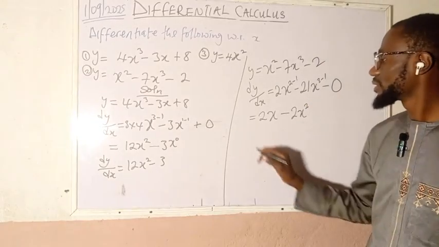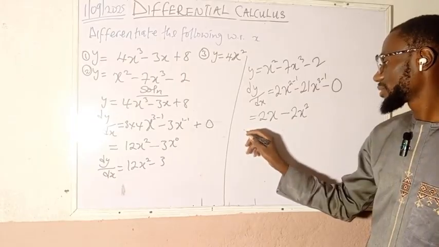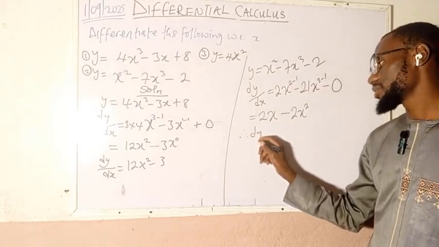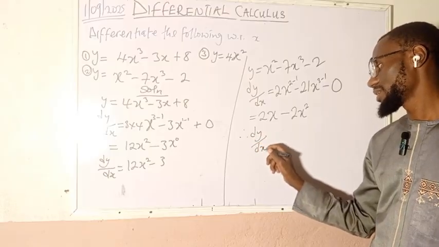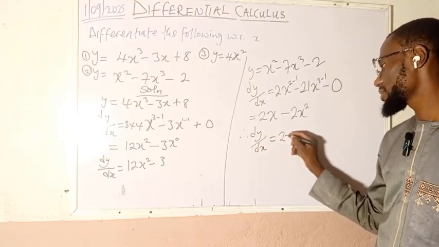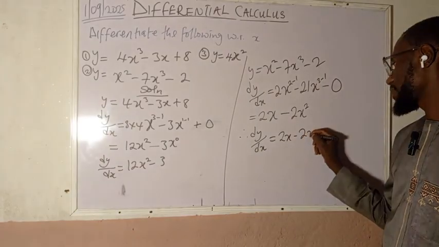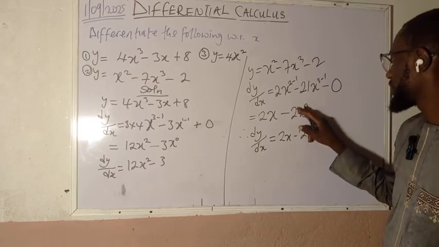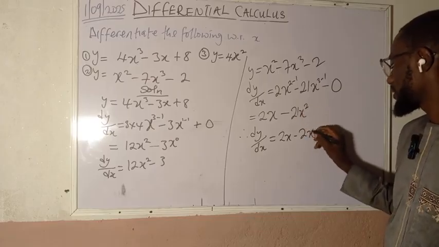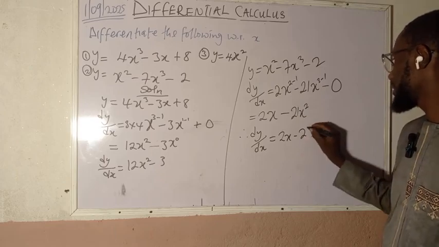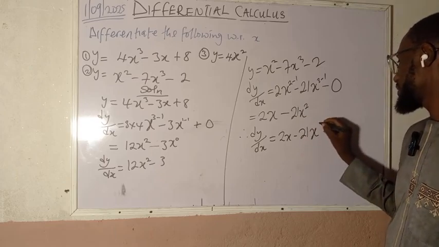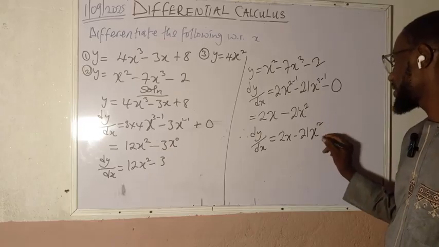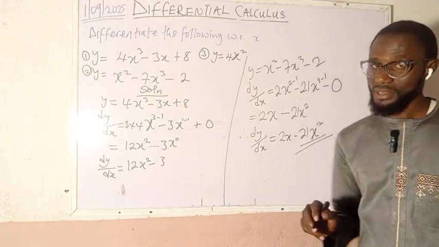Therefore, dy over dx is equal to 2x minus 21x squared. That is the answer for this.